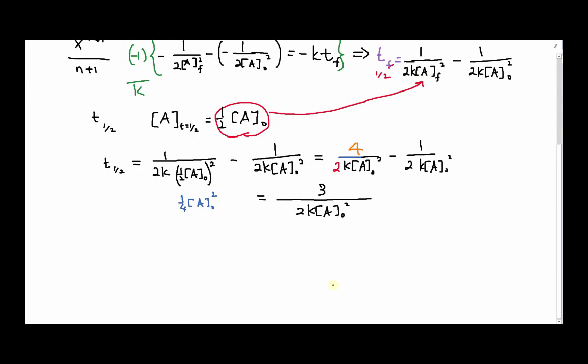Now we have to answer the question. The problem said the half-life time is 40 seconds. But we are interested in the second half-life. So let me illustrate that. When you have the original, you have 100% concentration, and then during the first half-life you have half, 50%, right?